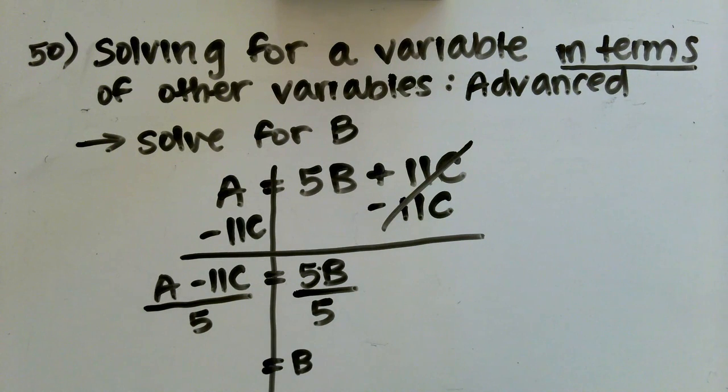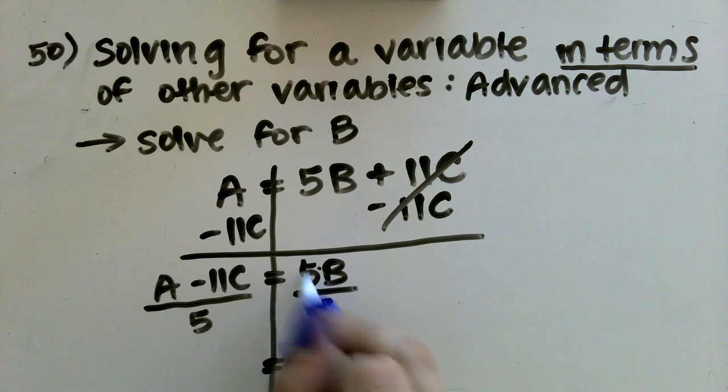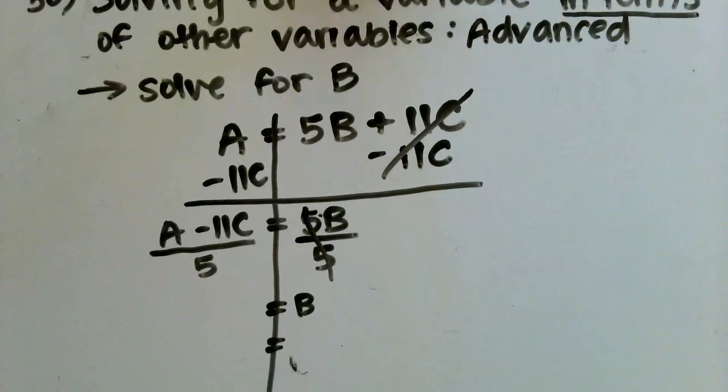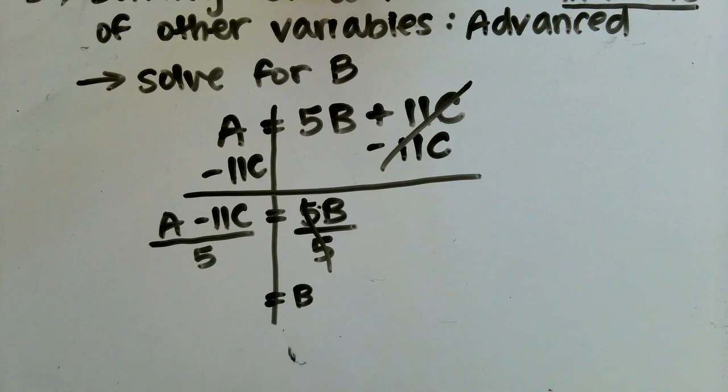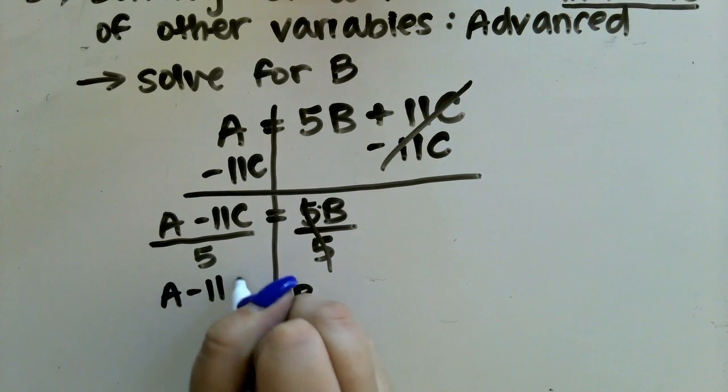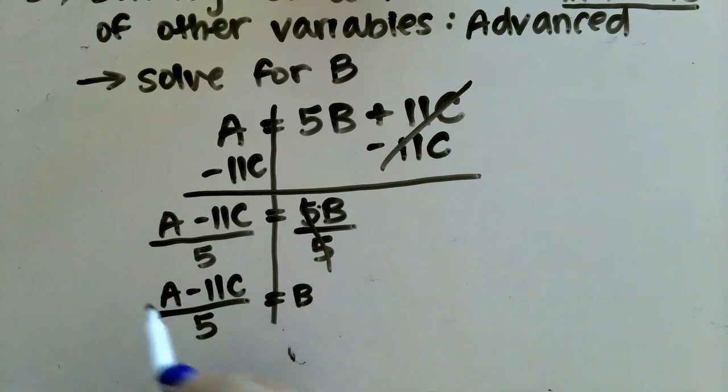Anything I do to one side, I do to both sides. We end up with one whole b, and I have successfully solved for b in terms of my other variables, and it equals a minus 11c over 5.